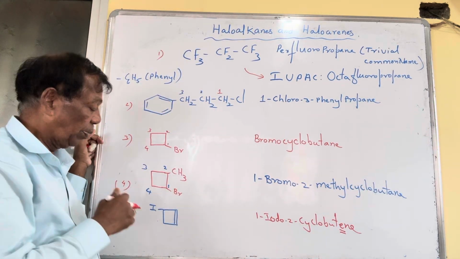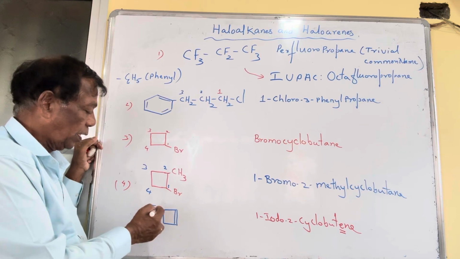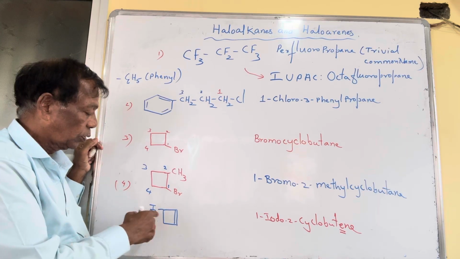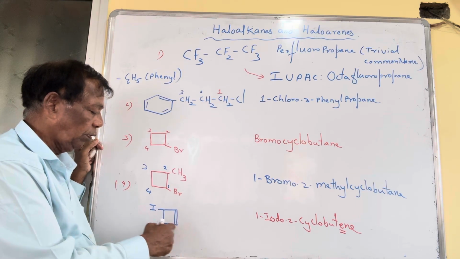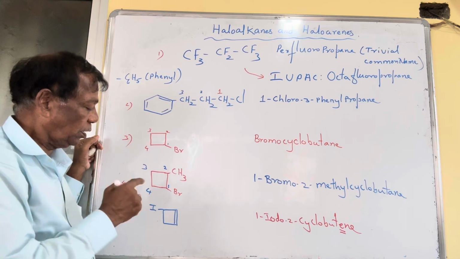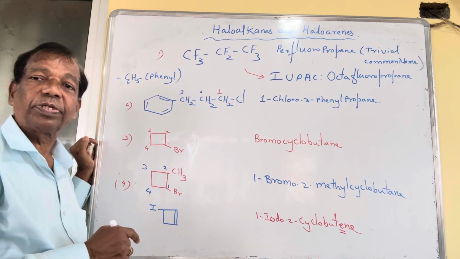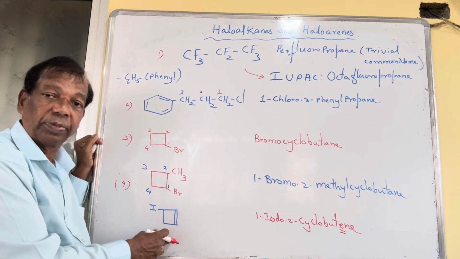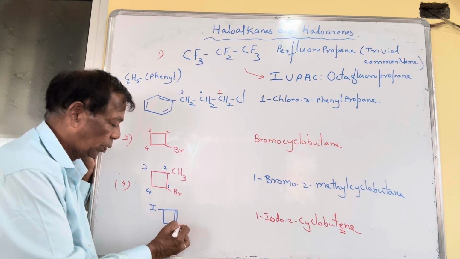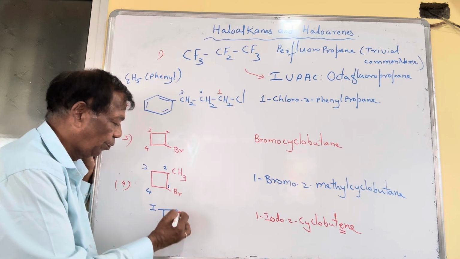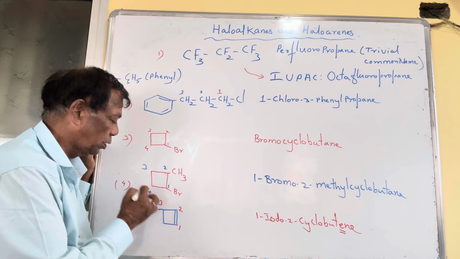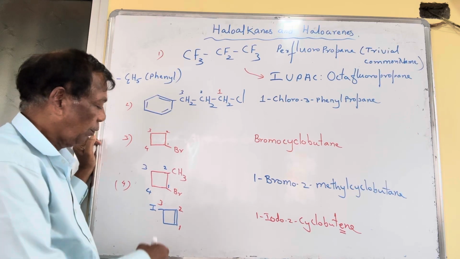Suppose there is a double bond compound and there is iodine attached here. So 1, 2, 3, 4. But in this case, you have to give preference to the double bond and not to the halogen. So here we have to call this 1, this 2, this 3.